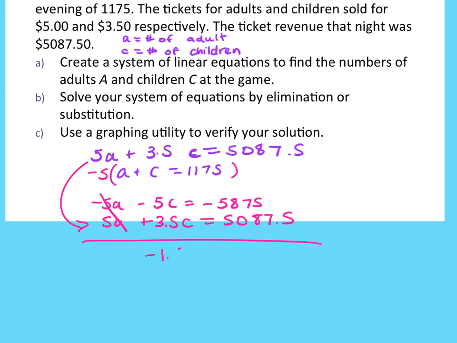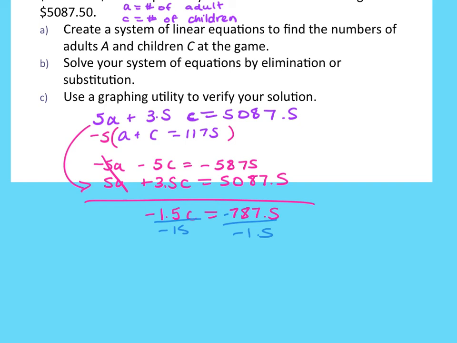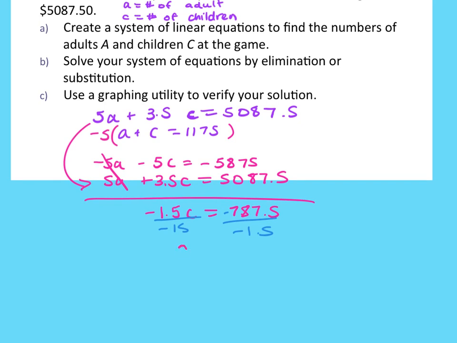I get -1.5c equals 5087.50 minus 5875, so -787.5. Divide that by the 1.5, and c is 525.